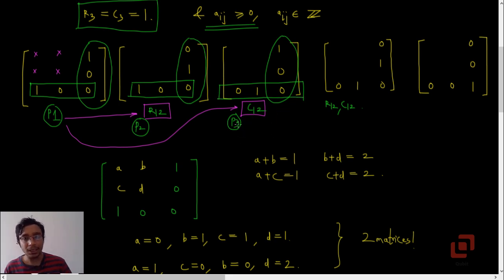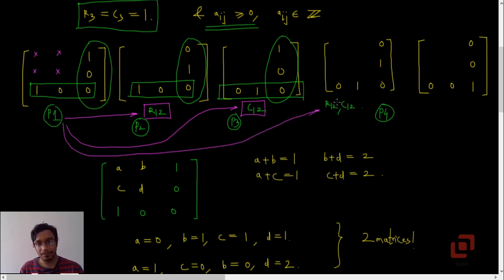And the fourth possibility is to perform both R12 and C12 on P1. If you interchange the first 2 columns and the first 2 rows of P1, then eventually you will end up with the third row as 0 1 0 and the third column as 0 1 0.